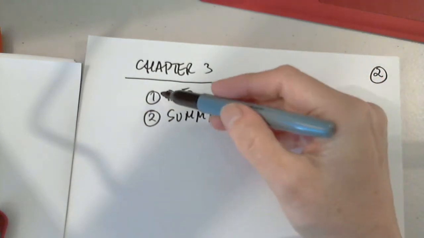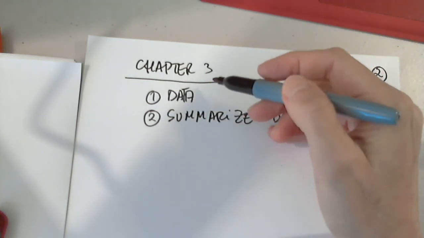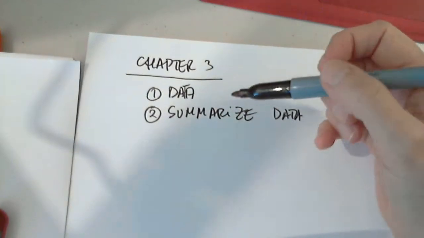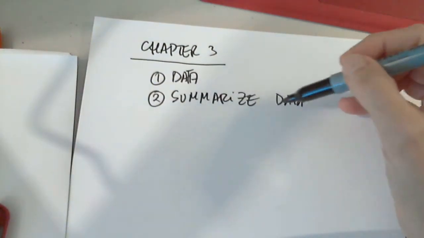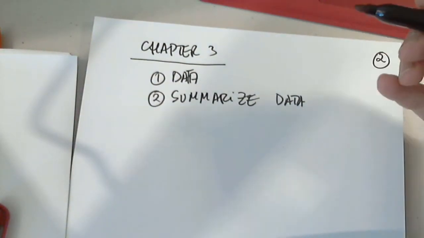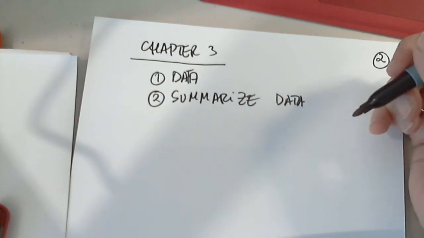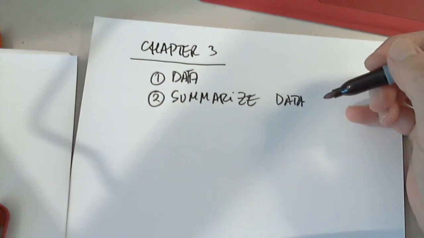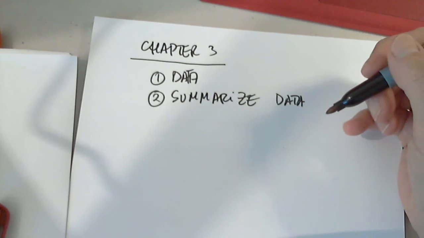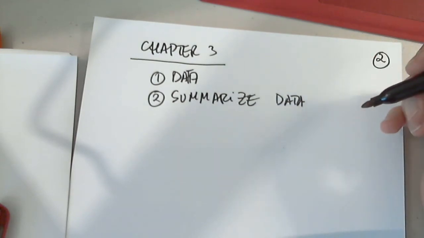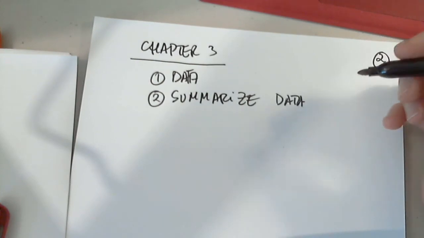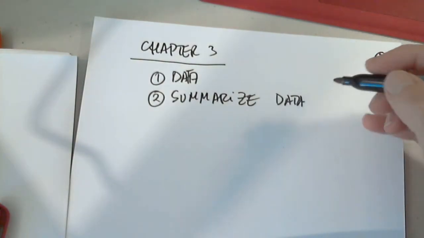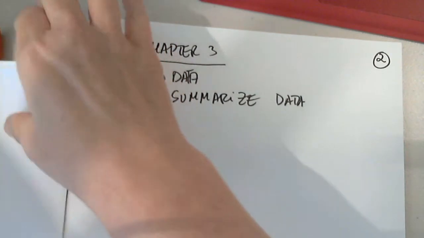Okay, so in chapter 1, we looked at data. Quantitative, qualitative, etc. In chapter 2, we summarized it. Pie charts, bar graphs, frequency distribution, relative frequency distribution, histograms, right? Dot plots, stem and leaf plots. We summarized it because when we look at something like this, what's on page 2?